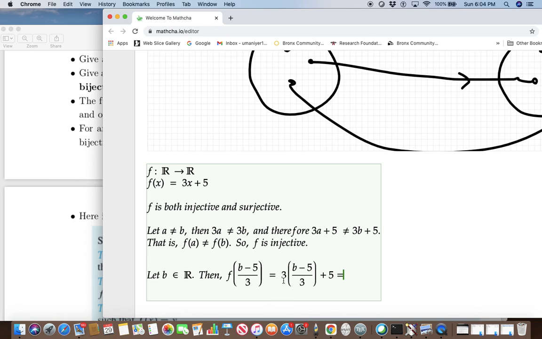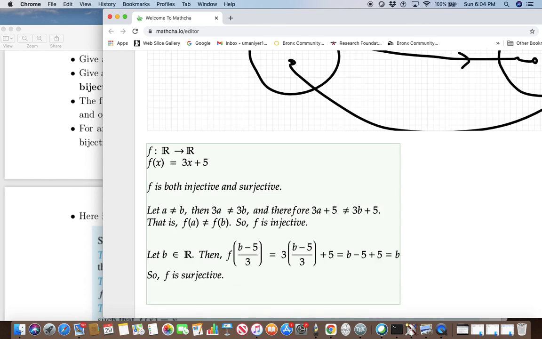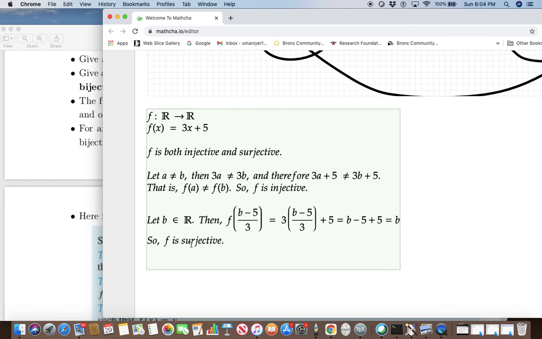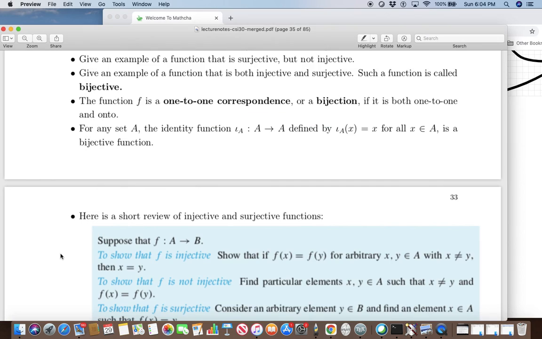Notice what happens. This 3 cancels. b minus 5 plus 5 equals b. In other words, for every right hand side number, there is a number on the left hand side whose image under f is b. So f is surjective. So this function is both injective and surjective. Therefore, f is bijective.